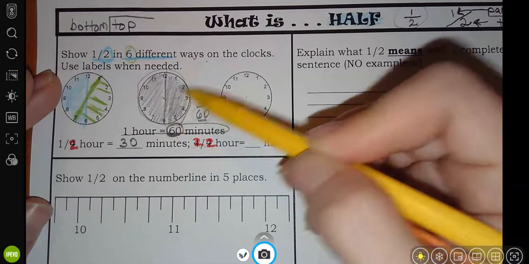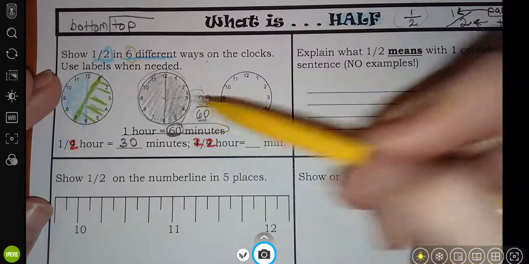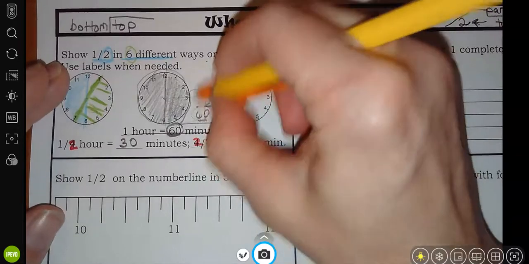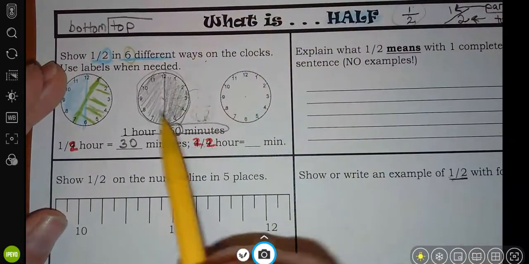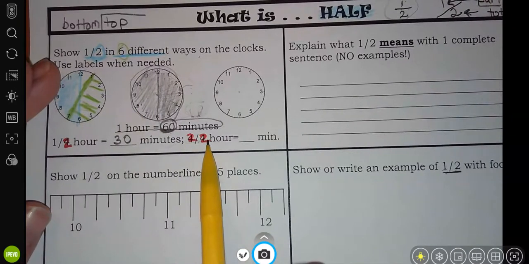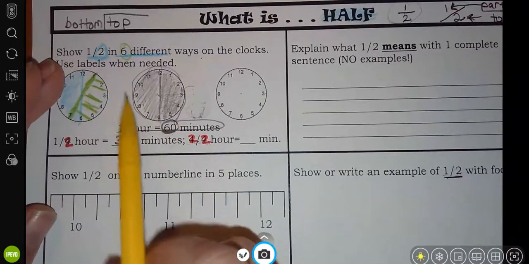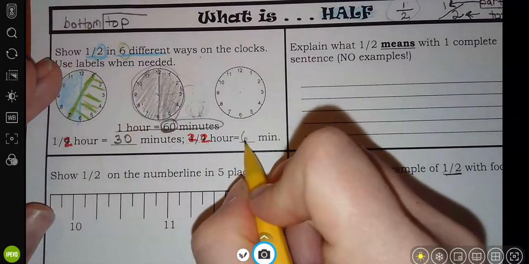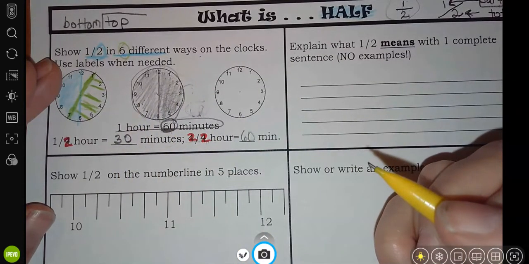Well, there's 30 minutes in one piece. There's 30 minutes in the other piece. If I take both halves, 2 out of 2 pieces, don't I have the entire hour? Which would be 60 minutes.